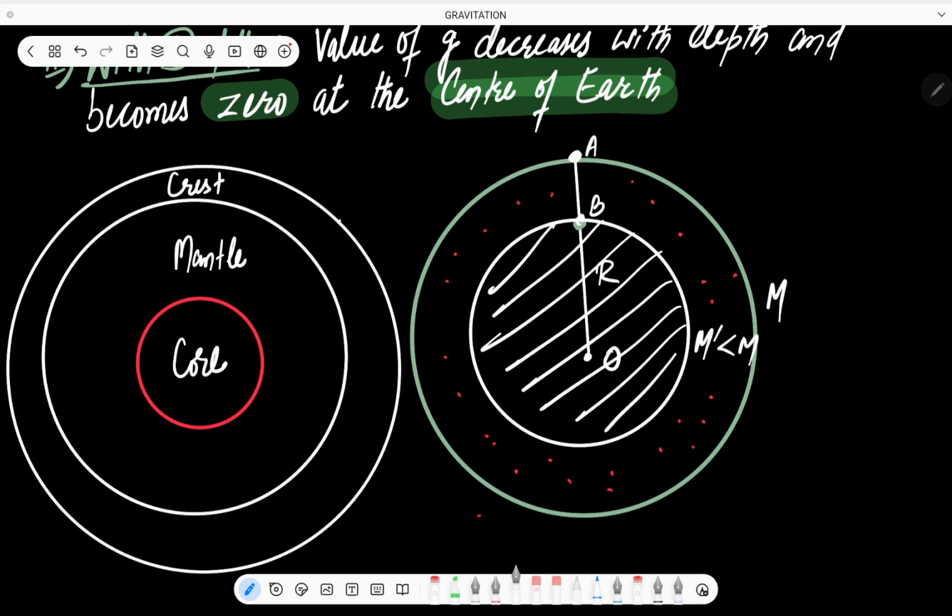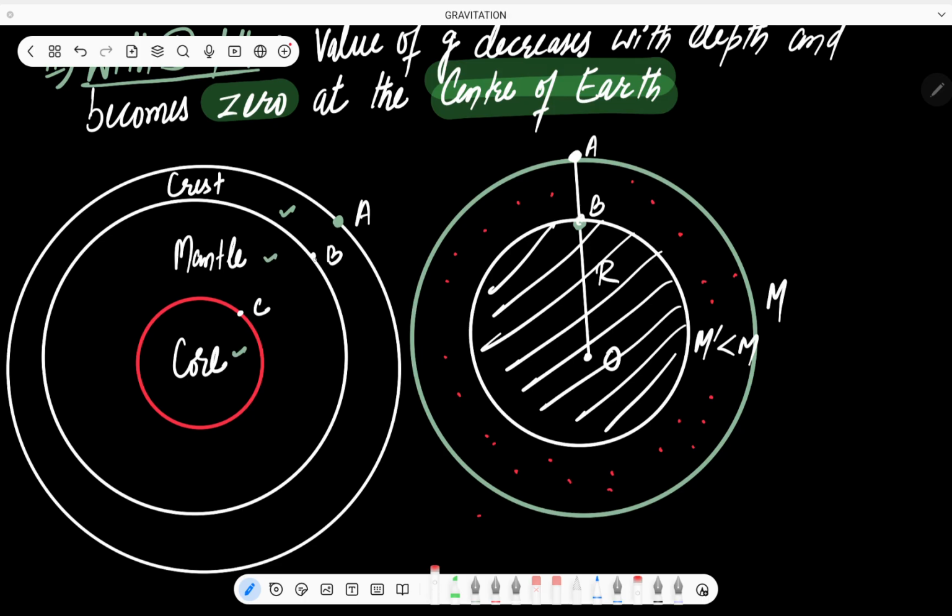Now let me label here 3 points: point A, point B and point C. According to Newton's Shell theorem, if you are at the point A, then the gravitational force on you, or the acceleration due to gravity, will be because of crust, mantle, as well as core.